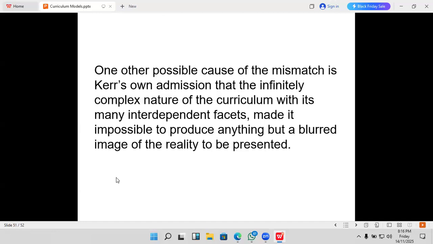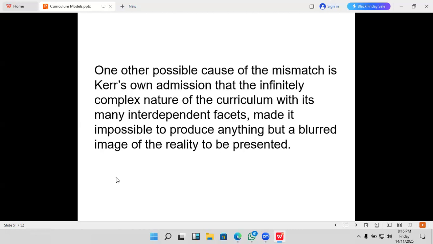Another possible cause of the mismatch is Kerr's own admission of the infinitely complex nature of the curriculum. In my words, there is no end. We can't get an end for a curriculum process because of this interactivity. It may go from here, from there.